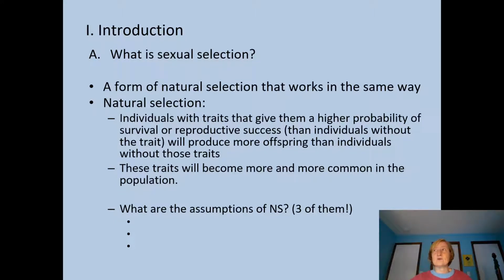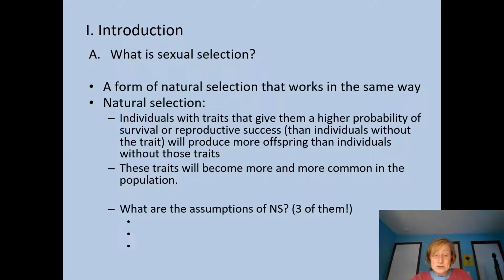And populations will be well adapted to their local conditions, because more and more individuals have that particular trait that allows them to survive or reproduce well, right? And so we get adaptation in the population, and we have evolution of the population.